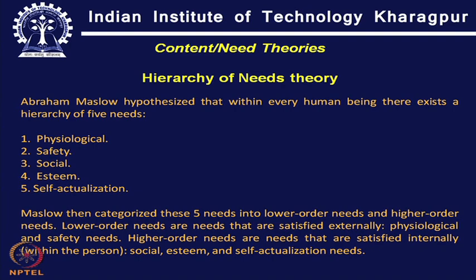This theory of Maslow has a number of criticisms regarding the hierarchy of needs. What Maslow stated, that a person can move to the higher order need only when the lower order needs are satisfied, has been questioned by many researchers, and different findings have been found.